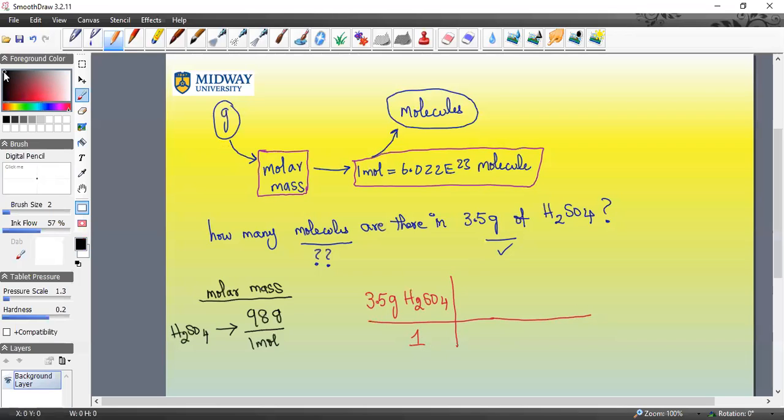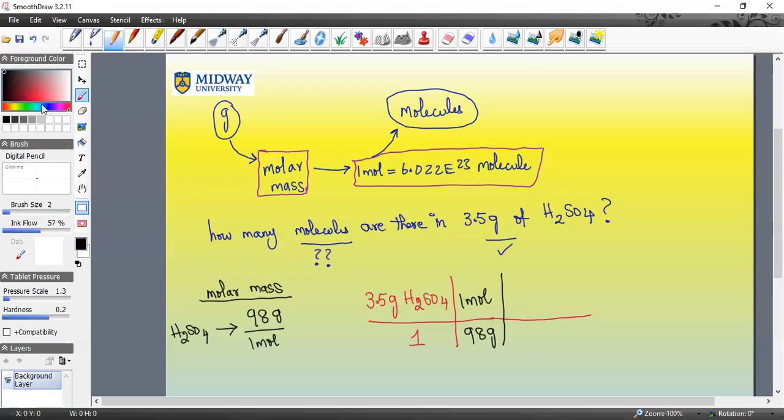All right, what's the next information we need? Okay, we need to go from grams to molecules through molar mass and then the mole to molecule conversion. But first we've got to get rid of the grams, for which we're going to use the molar mass, and it's 98 grams per mole. 98 grams goes on the bottom, 1 mole goes on the top, right?